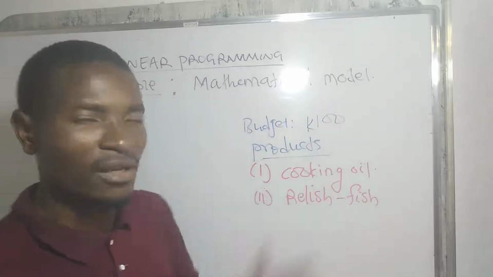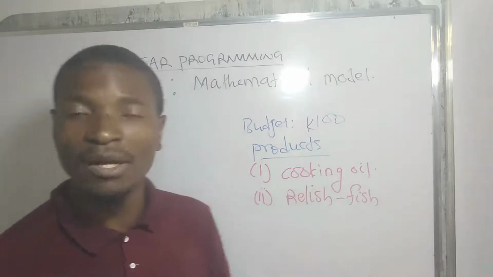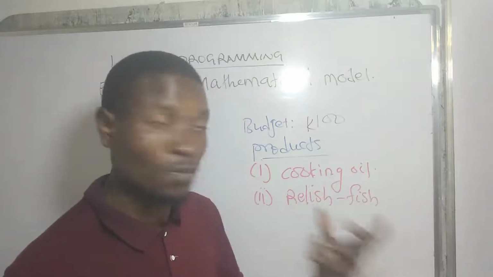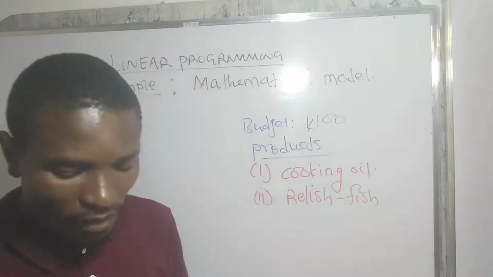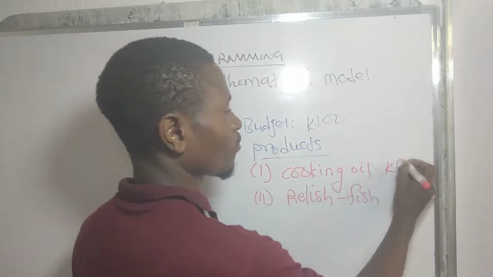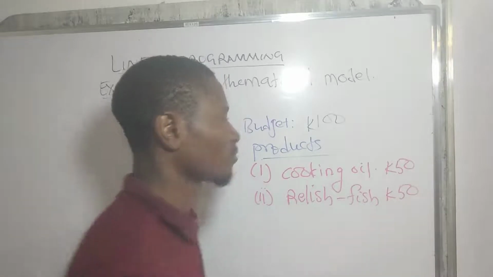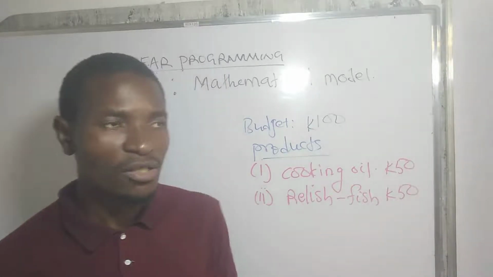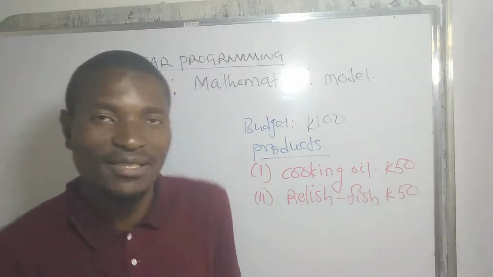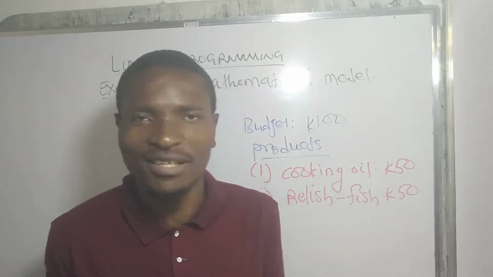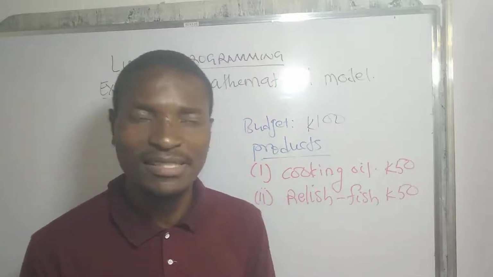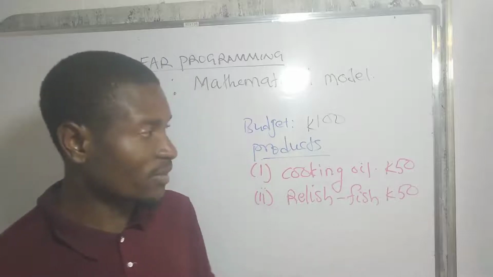So we have the budget, which is 100 kwacha, and you want to buy two kinds of products, which are cooking oil as well as radish, specifically fish. Now let's say, for the sake of argument, the cooking oil, a 1 liter container, costs 50 kwacha.